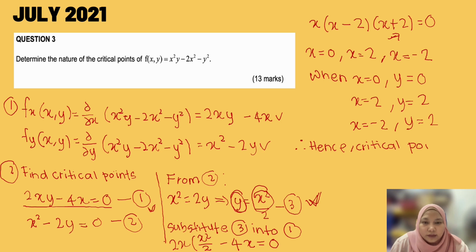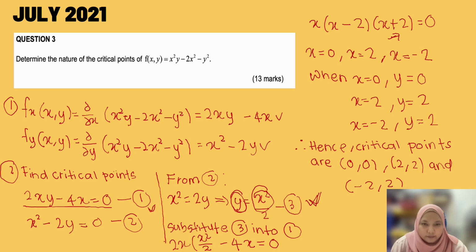So hence the critical points are, put this in the bracket, the value of x first and then the value of y: (0, 0). Second one we have (2, 2). Third one we have (negative 2, 2). So we have 3 critical points. Okay, so for the third step, we will try to find the nature of the points.